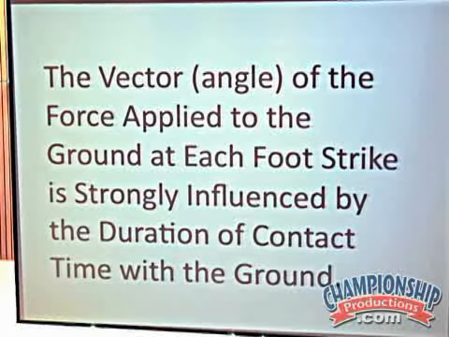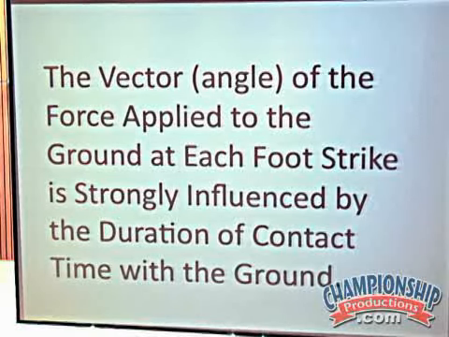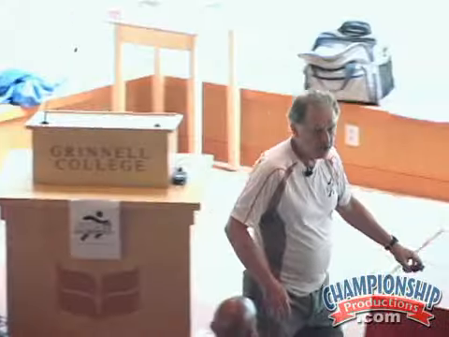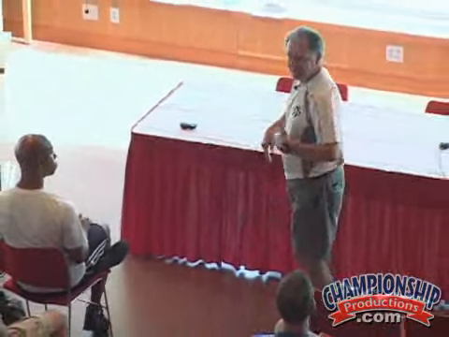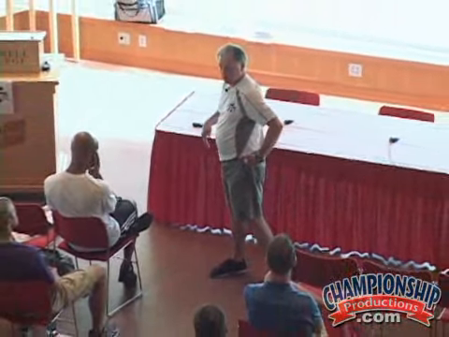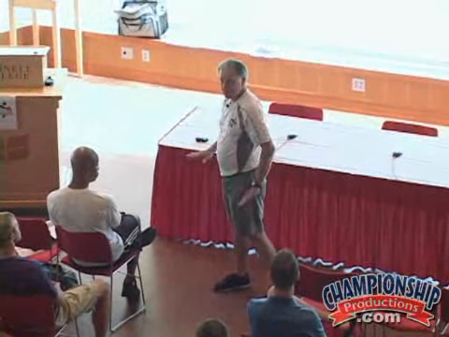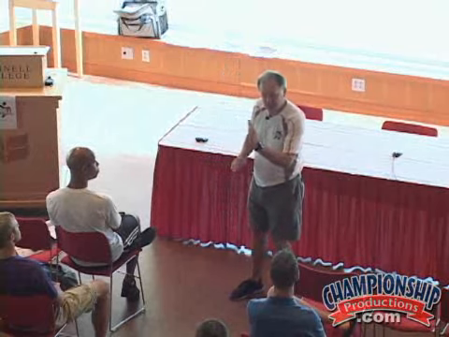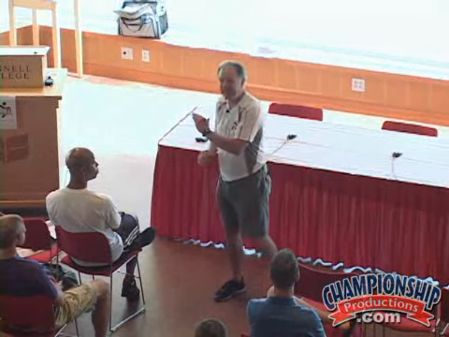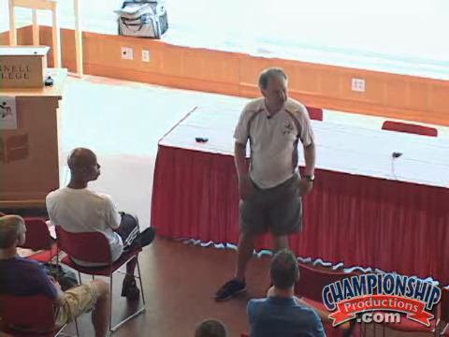Now, the vector, or the angle of force applied to the ground at each foot strike, is strongly influenced by the duration of contact time with the ground. So when we use the term vector, we're just talking about an angle. When my foot hits the ground and force is applied, that force isn't just applied, but it's applied at an angle relative to the contact surface.